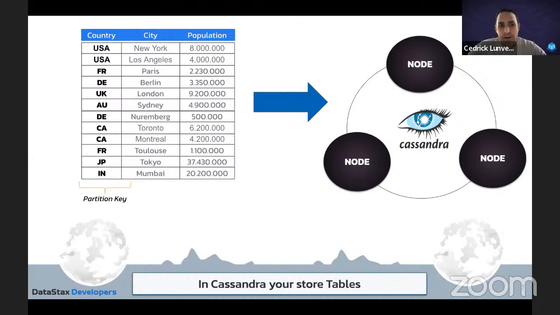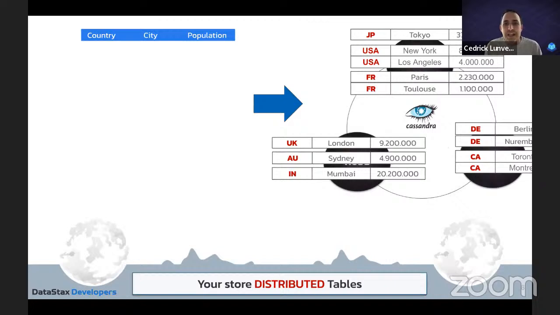So in your table, besides your primary key, there is something called a partition key. You pick one column, and based on the value of that column, the data will be distributed among the nodes. As you can see, each node is not in charge of one value, but of multiple values. It's like doing a modulo in math. You divide by 3, and depending on what you get, you pick one node or another. Okay? All right.